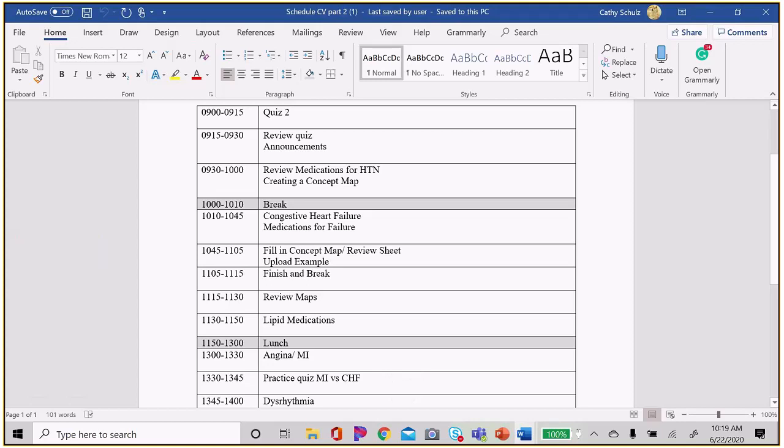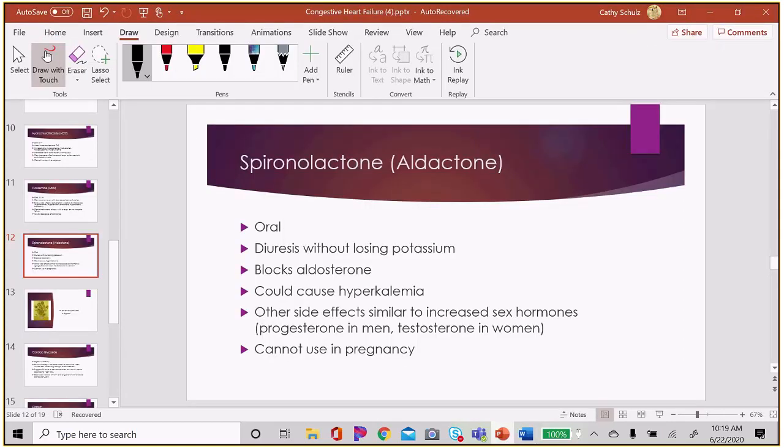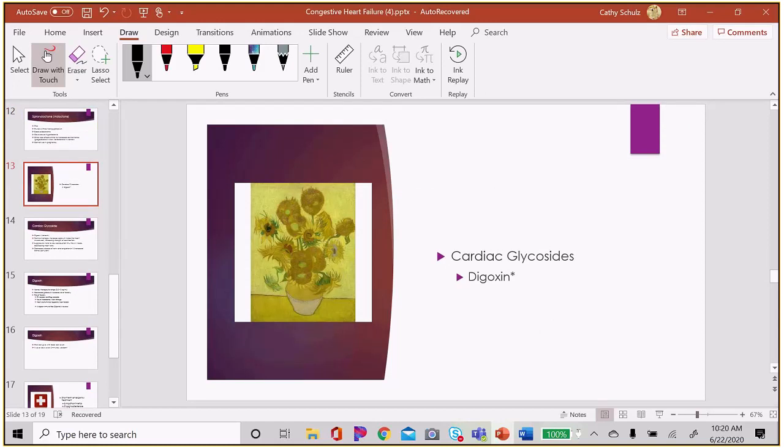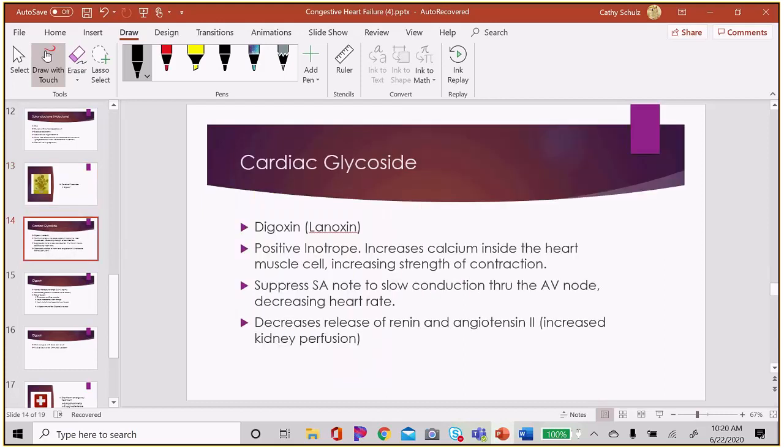The next medication we're going to talk about, the last medication we're going to talk about for heart failure, is digoxin, which is called a cardiac glycoside or a positive inotrope, meaning its whole job is supposed to increase the strength of contraction of the heart.